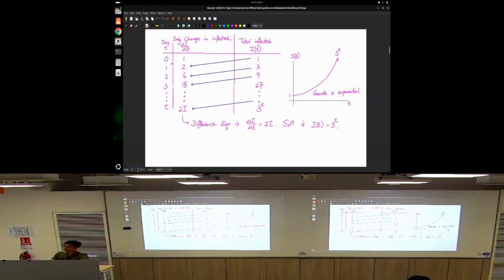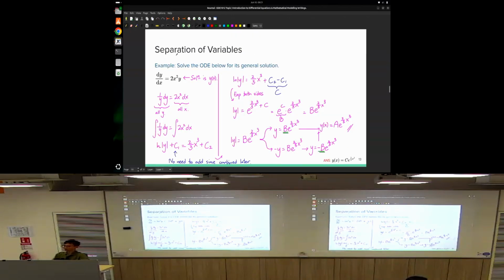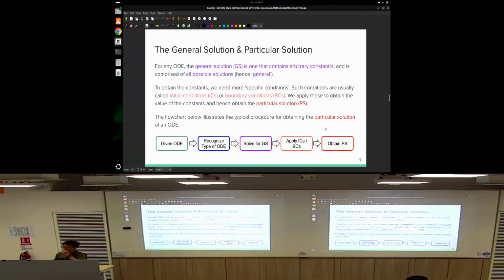Usually in many problems we know the initial condition and we want to enforce it, so we can use that initial condition to find our constant of integration. So the general solution is one that contains the arbitrary constants, and there can be more than one constant, by the way, as you'll see later on for higher order ODEs.